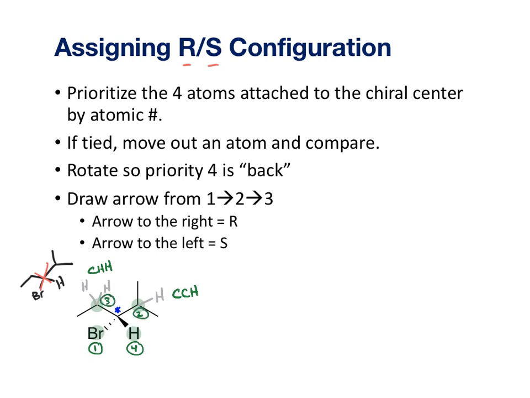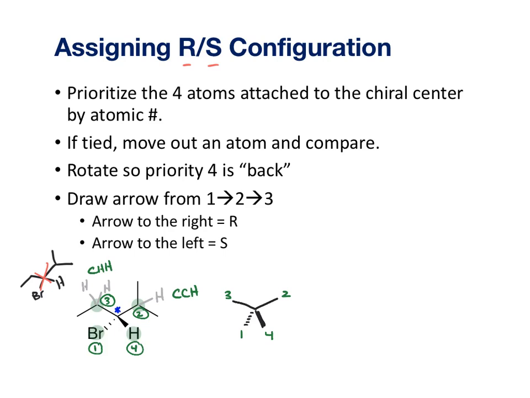and number 3. The next thing we need to do is rotate this so that priority 4 is back. And what I like to do when you have a slightly more complex molecule, redraw just your tetrahedron, so your 2 in-plane bonds, your wedge, your dash, add the priority numbers, 3, 2, 4, and 1, and this becomes a bit simpler to work with.